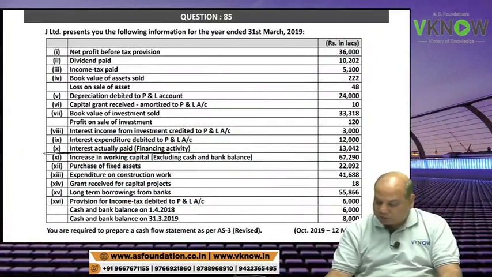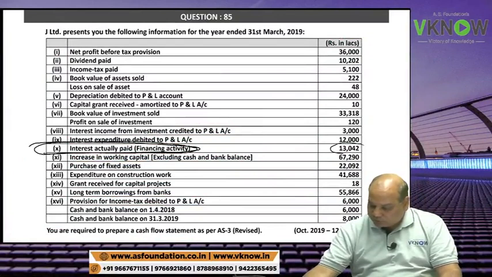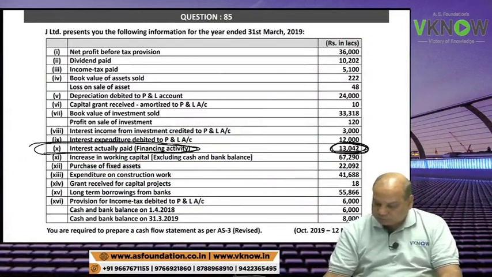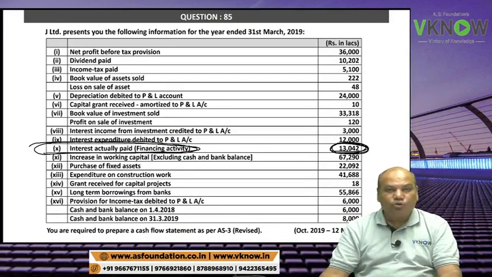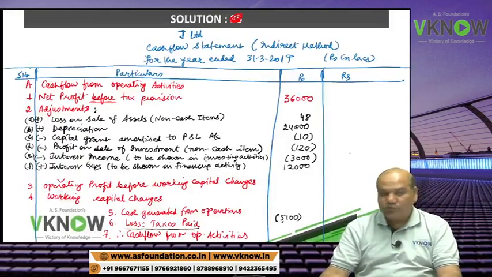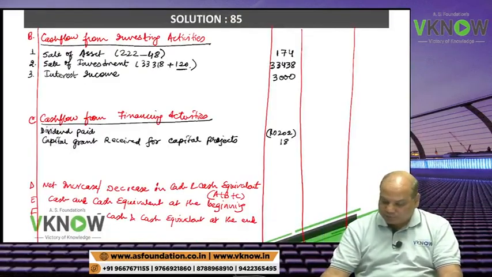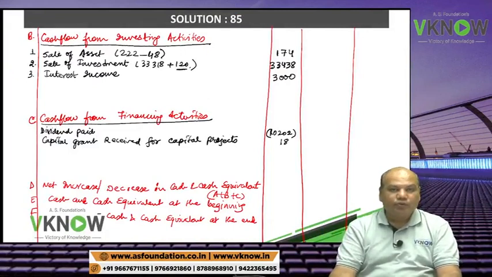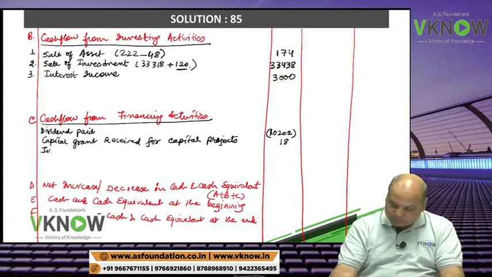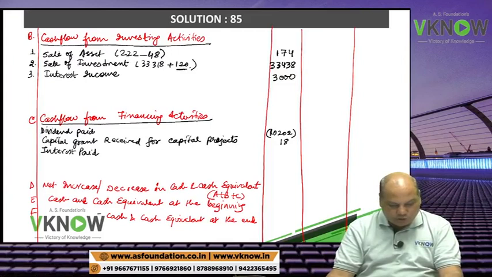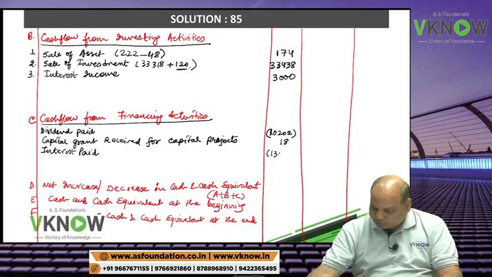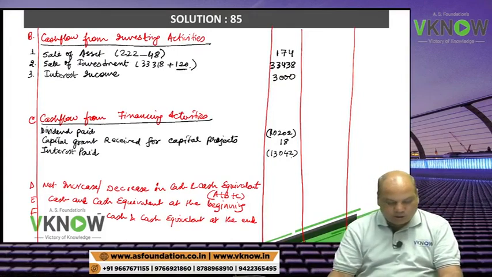Actual interest paid is 13,042. So I am going to write 13,042 in financing activity. Point number C, financing activity. Here you will write interest paid. The actual amount is 13,042 in bracket.